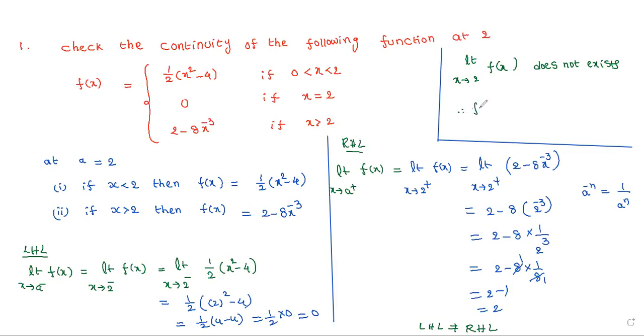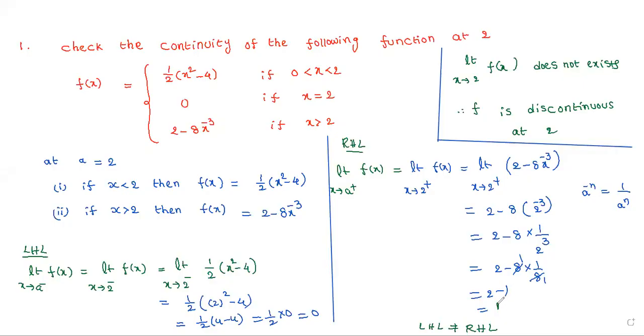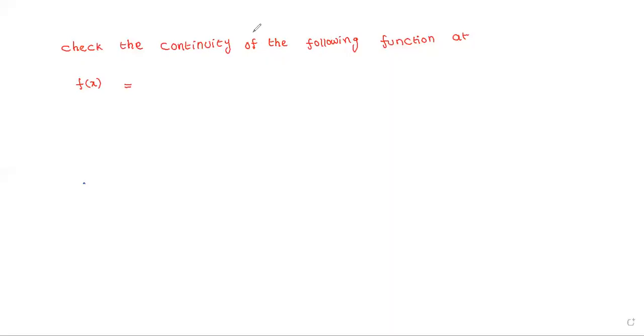Therefore, function f is discontinuous, not continuous, discontinuous at 2. LHL is not equal to RHL, so limit of f of x does not exist. It is discontinuous at x equal to 2.